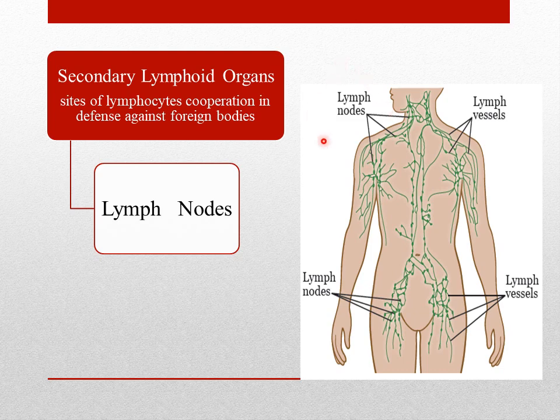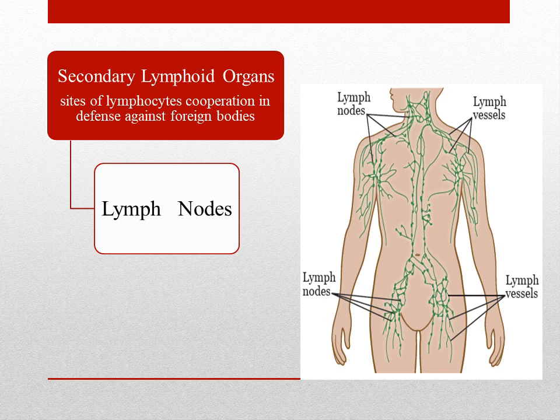Lymph nodes are widely distributed around our bodies and concentrated mainly in the neck area, in armpits, and in the abdomen. Lymph nodes and lymphatic vessels and a liquid called lymph form a system called the lymphatic system.